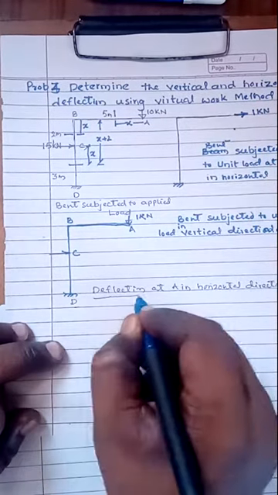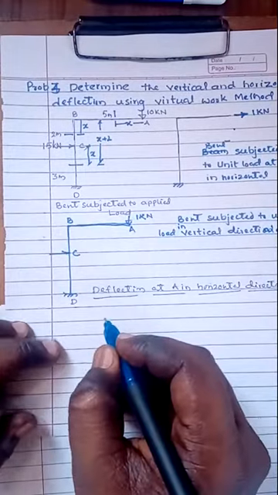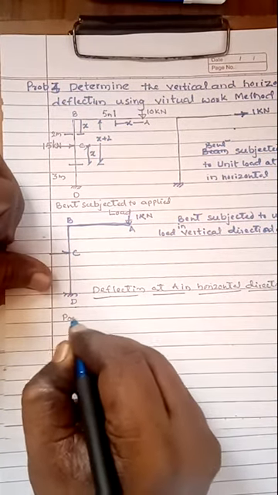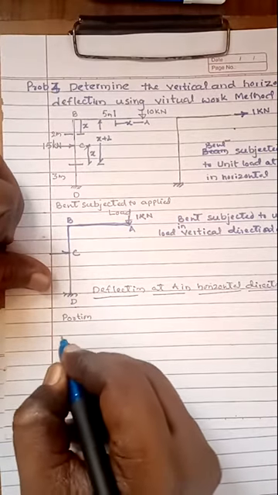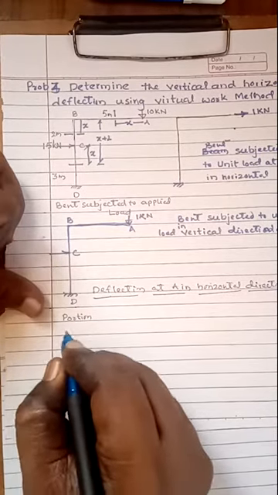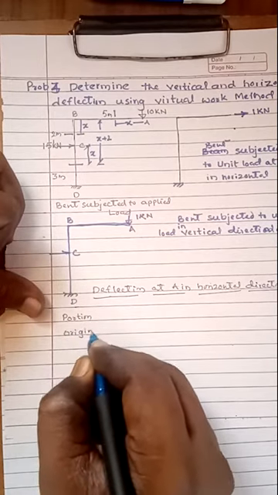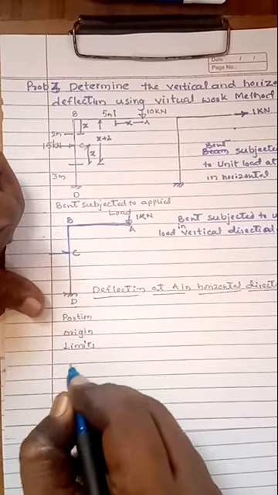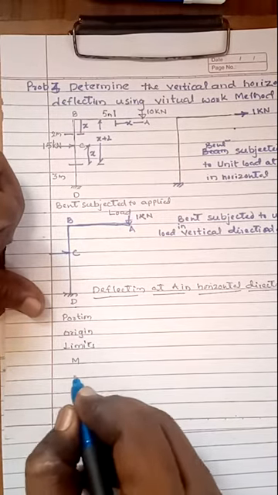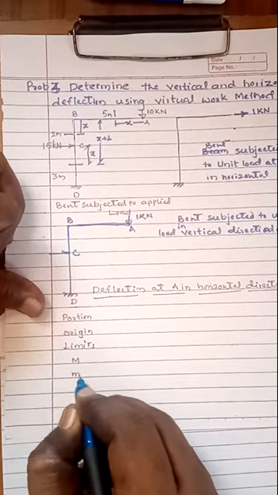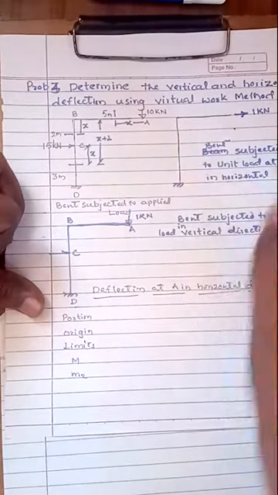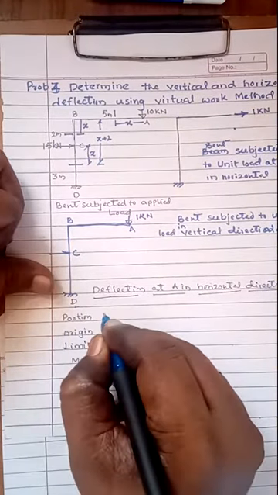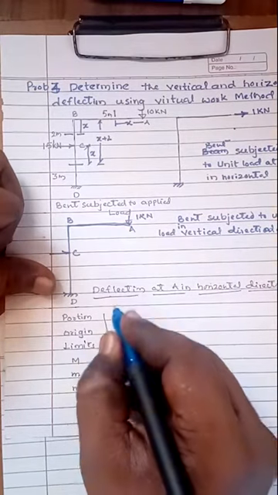To get the deflection at A in the horizontal direction, first we have to calculate the bending moments. We have to calculate the bending moment due to the applied load, M, the bending moment due to the unit load applied in the horizontal direction, mx, and the bending moment due to the unit load in the vertical direction, my.